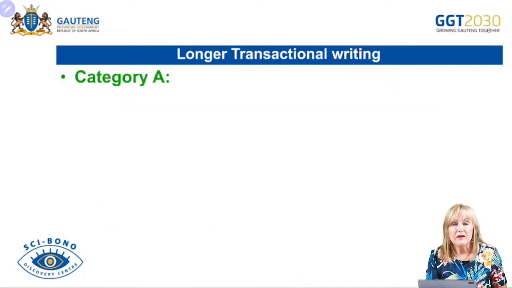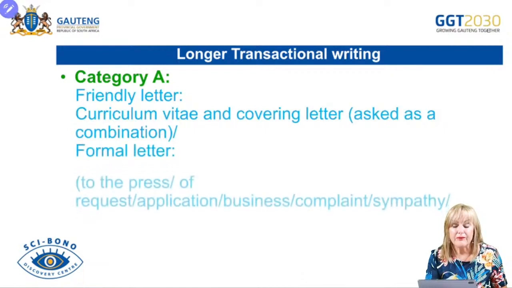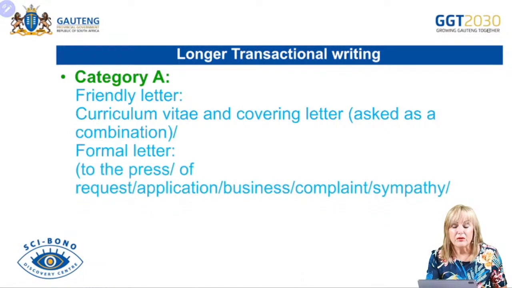Now, we get longer transactional different categories. I'm just going to briefly go through the categories. In category A, you get either a friendly letter, or you can get a curriculum vitae and covering letter that's asked as a combination, or part of the formal letter is a letter to the press, a letter of request, of application, a business letter, a letter of complaint, and a letter of sympathy.